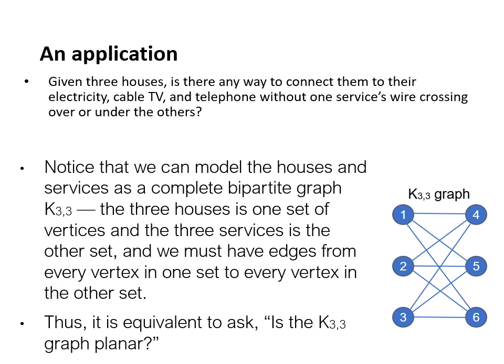So the 3 houses are in one set of vertices on the left and the 3 services in the other set on the right. And we must have edges from every vertex in one set to every vertex in the other set, because every house wants to be connected to all 3 services. So this question is equivalent to asking whether the K_3,3 graph is planar. And we'll get back to this example later on to see how we can determine this.